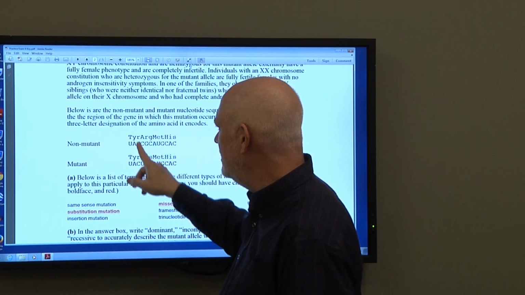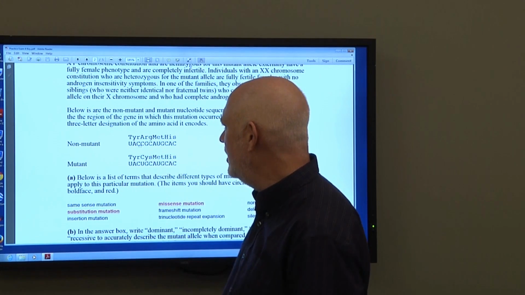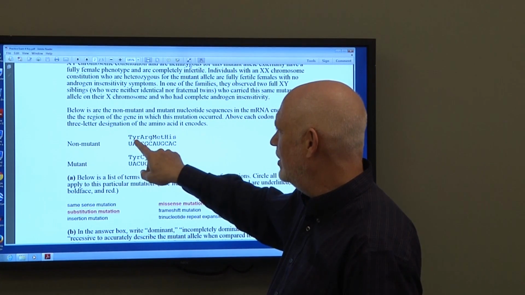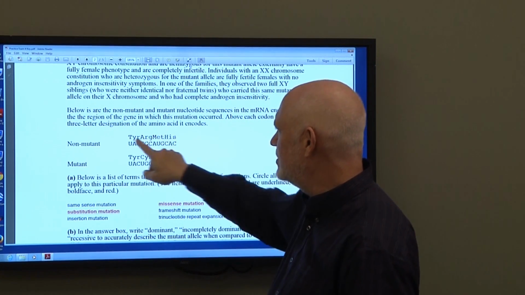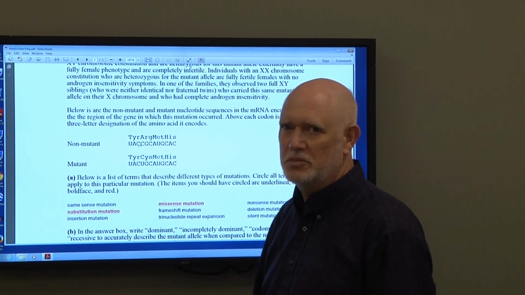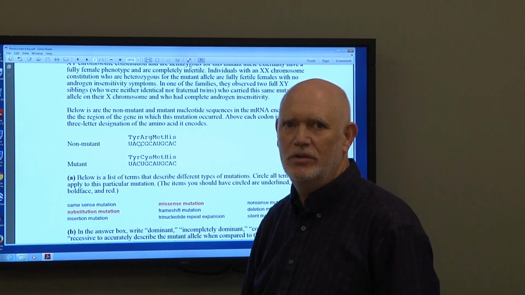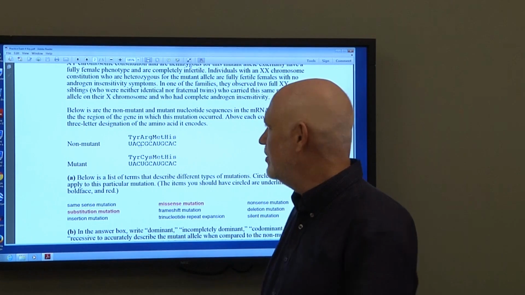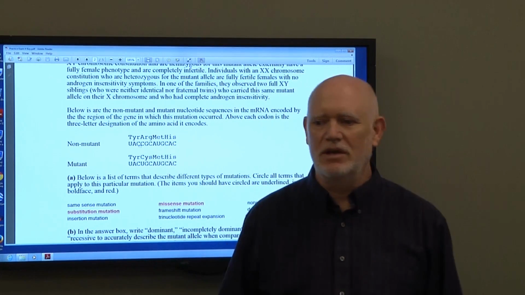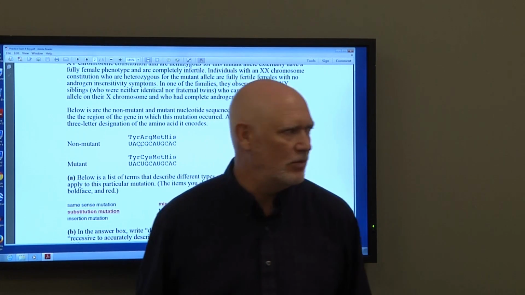So UAC encodes tyrosine, CGC arginine, and by putting a capital letter there and then 2 lowercase letters, it allows you to see exactly what the amino acid sequence is as it corresponds to its codons in the RNA. That's a very common way to write those so that you can recognize them. That's the sort of way that I'll give it to you on exams and that I will expect you to be able to read it.